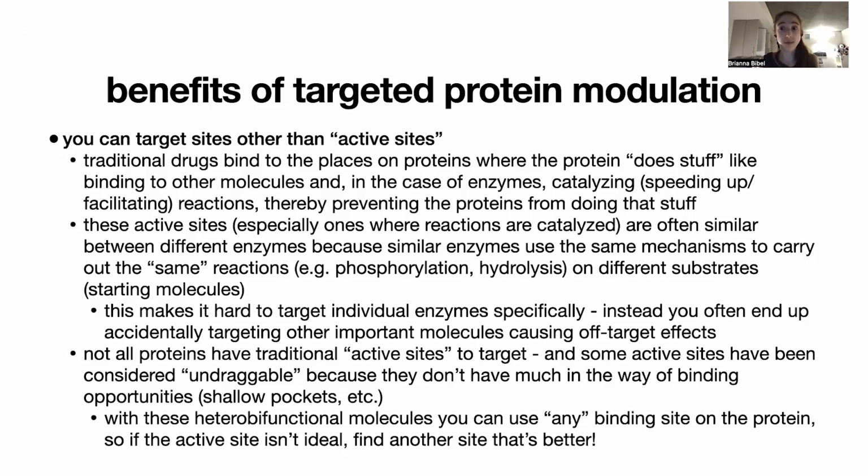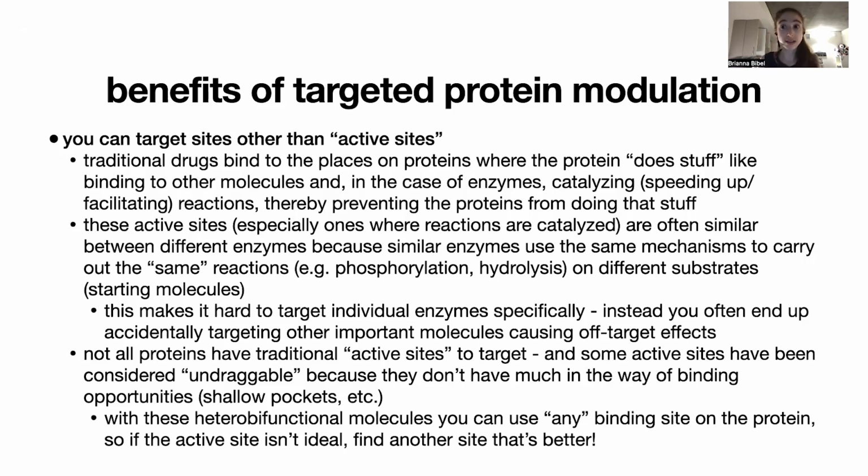And so in order to get better specificity, people have been trying to find all sorts of alternative strategies, because if you just try to target the active site, you're going to get a lot of off-target effects. But if you could target something other than an active site, you have a better chance of getting better specificity.